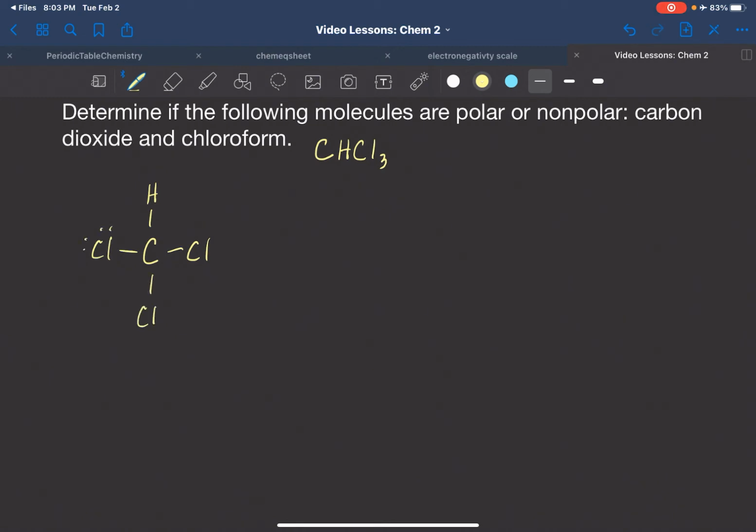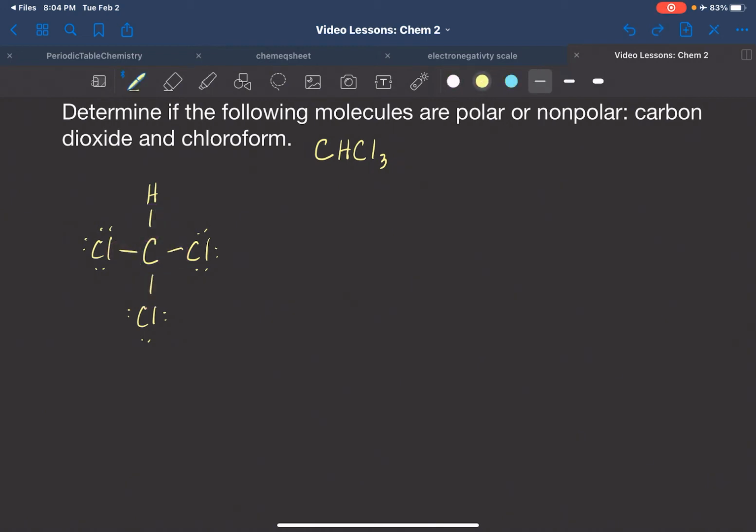Remember, we've got these lone pairs here that are needed, and now there's our chloroform molecule. And this has a tetrahedral geometry. Remember, there's 1, 2, 3, 4 electron domains around that central atom. 4 domains. This is going to have a tetrahedral geometry to it.